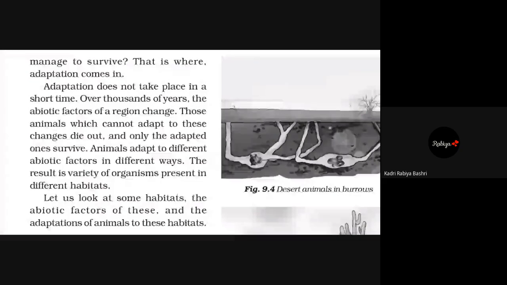Now, everywhere, whether it is cold and icy, there are also animals living. The Arctic Ocean is very cold, and there also animals are living. And the desert is very hot, and there also animals and plants are living, but the style of living is totally different.